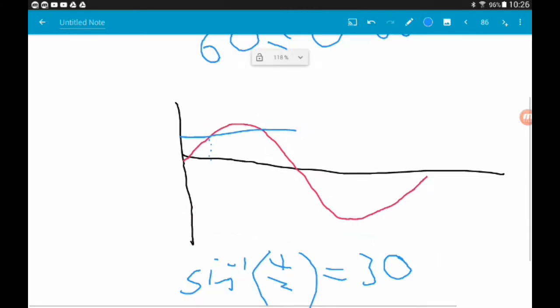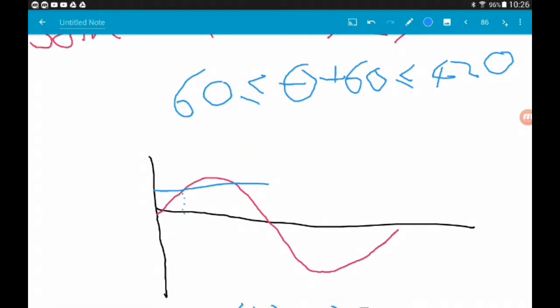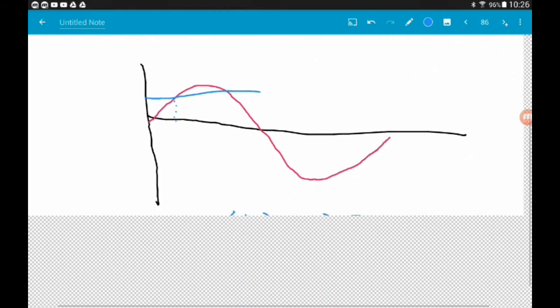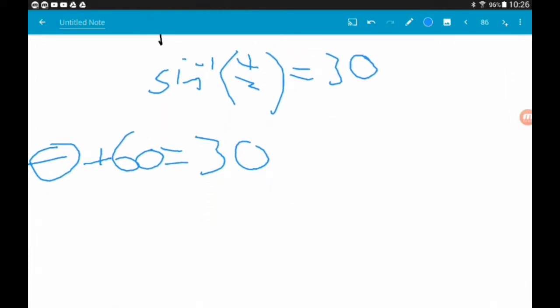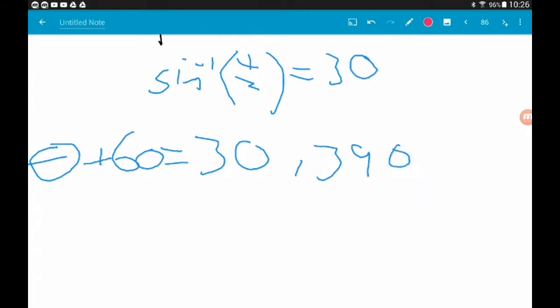Now the interval for theta plus 60 goes from 60 to 420. So we can actually add on 360 to 30 to get 390. The reason we've done that is that 30 actually isn't in our interval for theta plus 60, so we are not interested in that value.